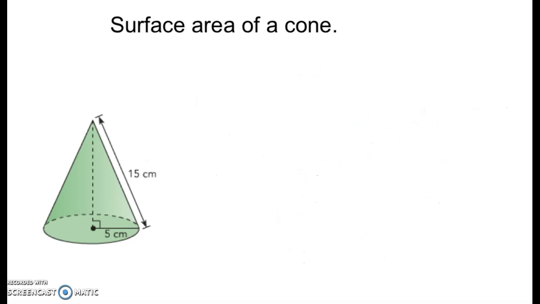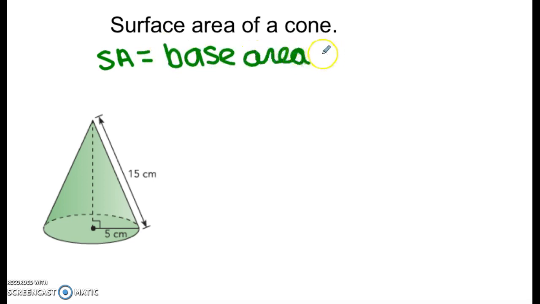All right, now let's take a look at surface area. So we're only going to do surface area of cones. The surface area, again, is equal to the base area. So that's area of the base, which is a circle, plus the lateral surface.